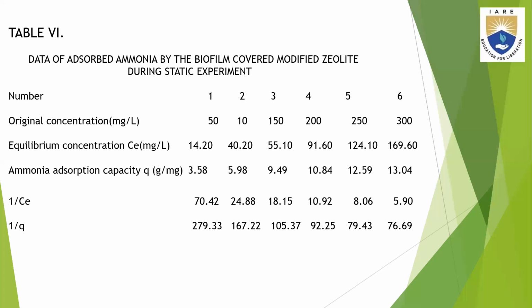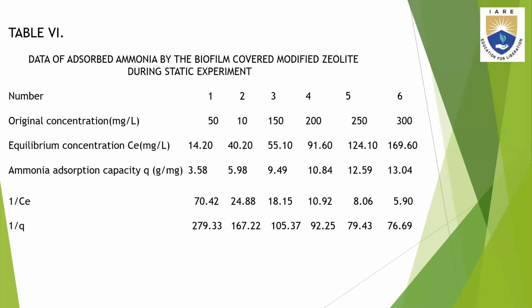Ammonia adsorption capacity Q: 3.5, second one 5.98, third one 9.49, fourth one 10.84, fifth one 12.59, sixth one 13.04. Q by C: first one 70.42, second one 24.88, third one 18.15, fourth one 10.92, fifth one 8.06, sixth one 5.90.